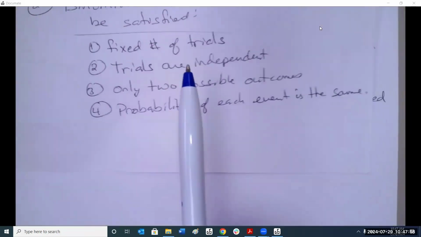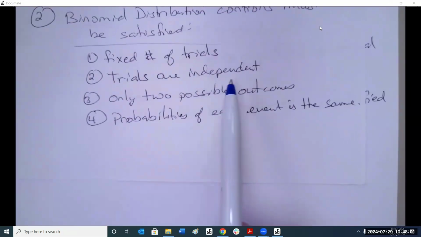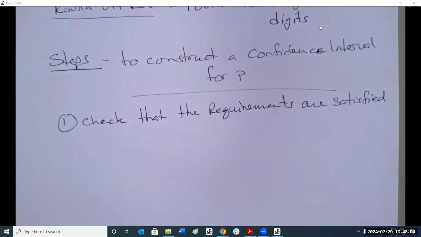The requirements are fixed number of trials, independent, two possible outcomes, and the probabilities are the same.